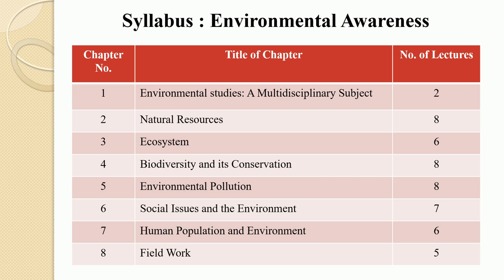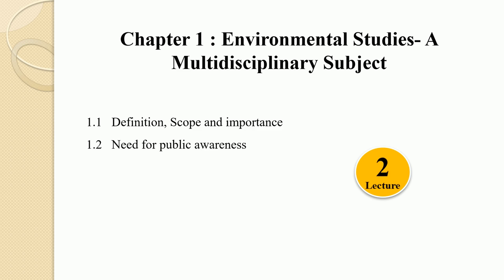Then natural resources, 8 lectures. Ecosystem is the third chapter, for 6 lectures, and biodiversity and its conservation for 8 lectures. These 4 chapters we are going to learn in this semester. So let's take a quick summary of the chapters and their content.